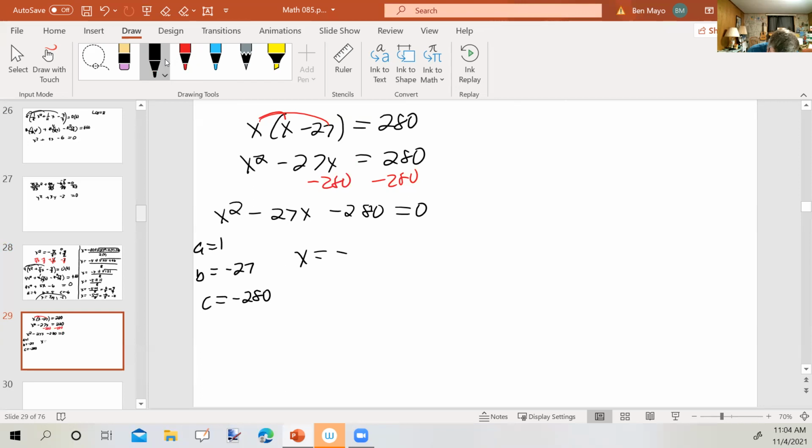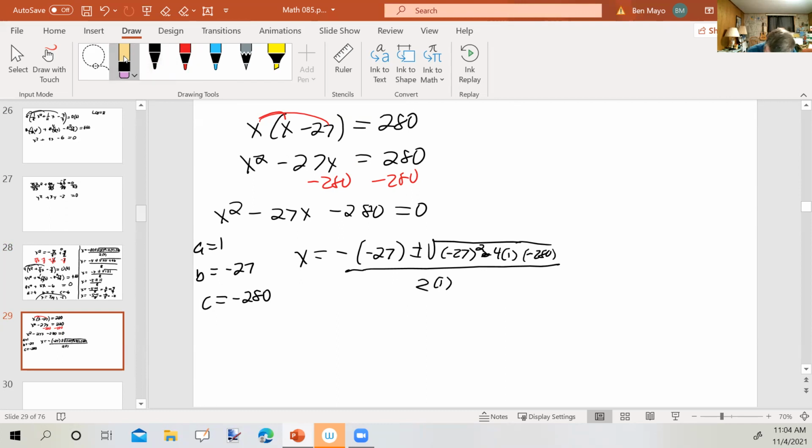So x equals -b plus or minus the square root of b squared minus 4ac all over 2a. I want to point out that the most common mistakes are made when simplifying inside that radical, just missing a sign or something. So be really careful with the arithmetic.